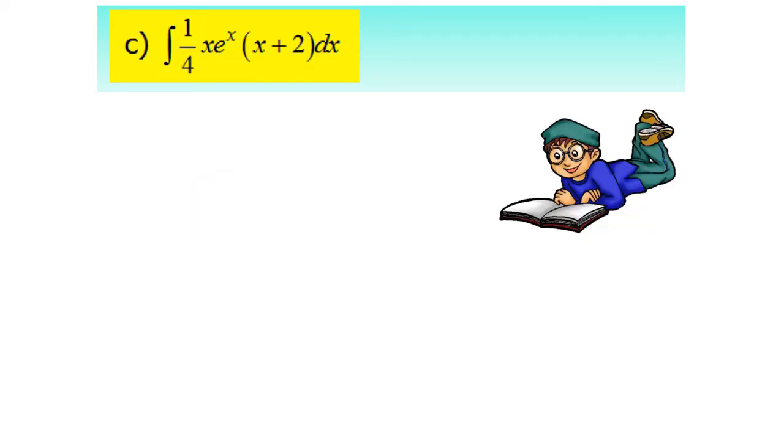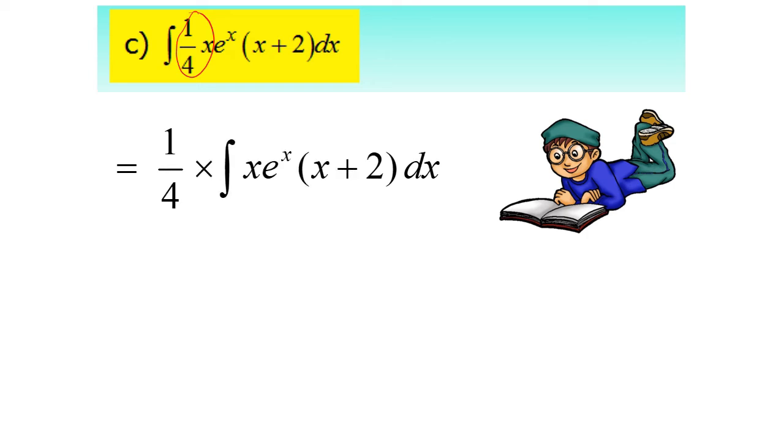For part C here, it is the integration of a quarter x times e^x (x plus 2) dx. So still remember, for 1 over 4 here, you may factorize like the previous one, part B. And you're going to have a quarter times the integration of x e^x (x plus 2) dx.